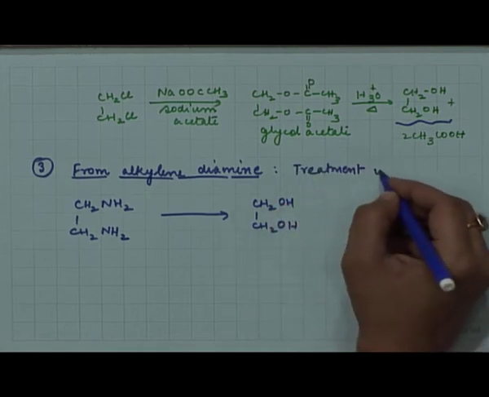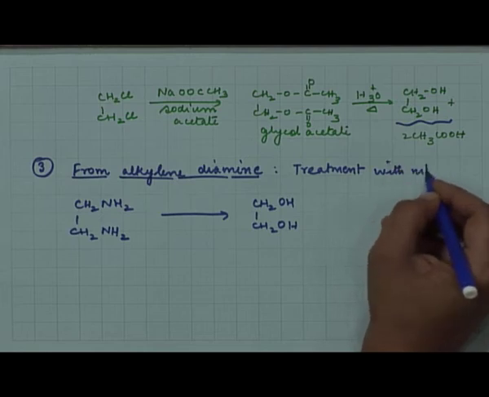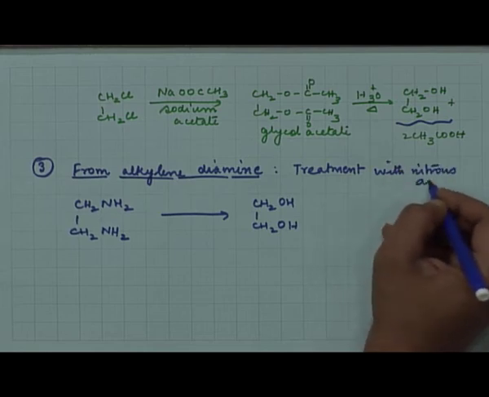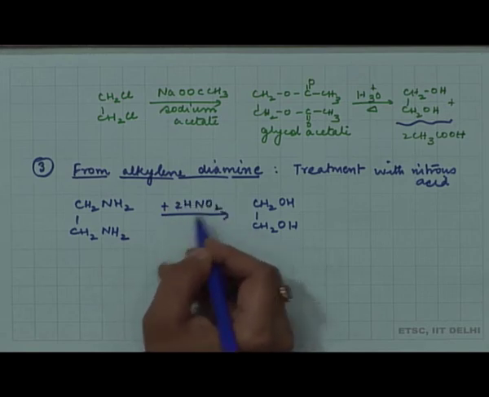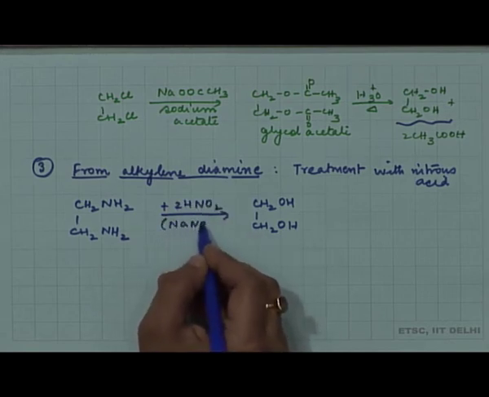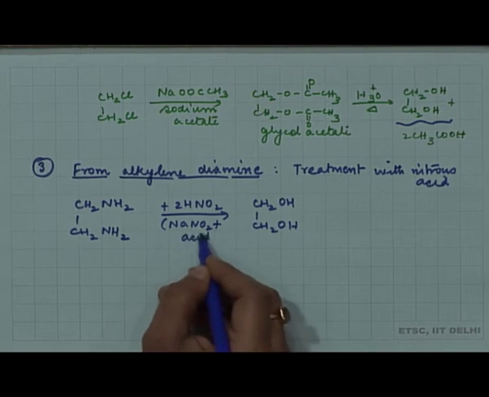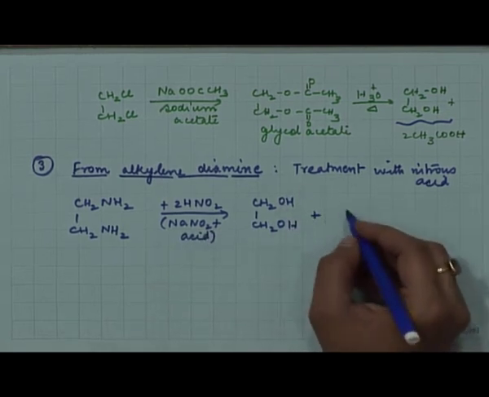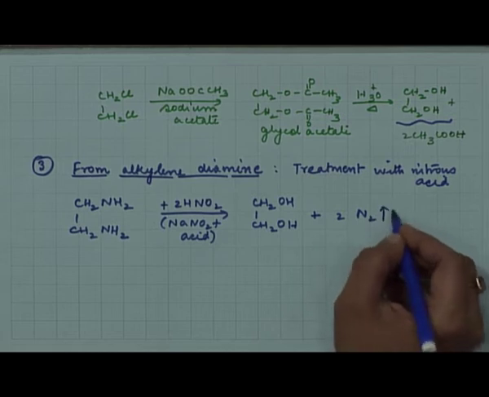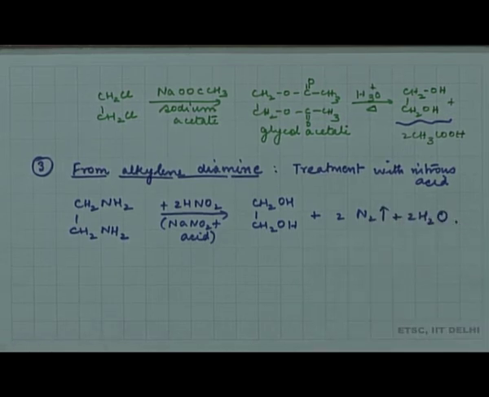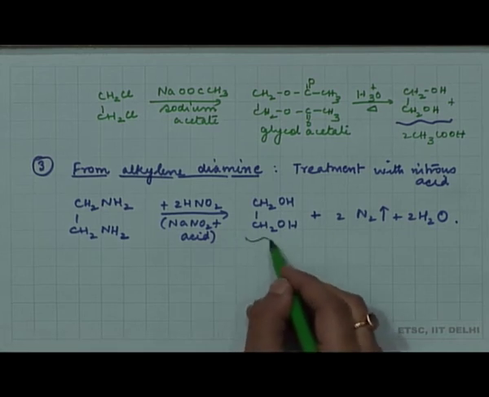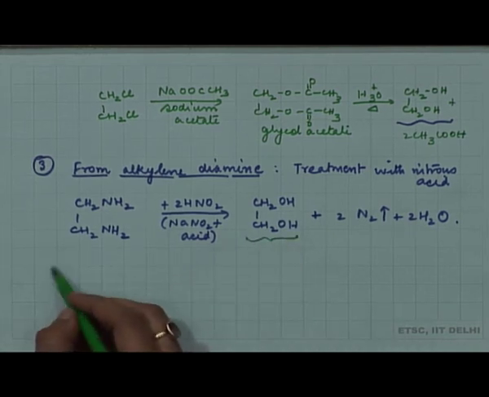For the amines, treatment with nitrous acid is what is prescribed. You treat it with 2 moles of HNO2, which can be formed from NaNO2 under acidic conditions, and you will get this diol along with release of nitrogen gas and water. So, this is another method for synthesizing the diols starting from alkylene diamine.